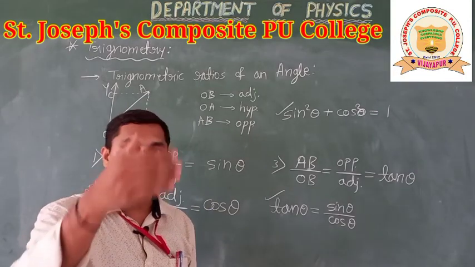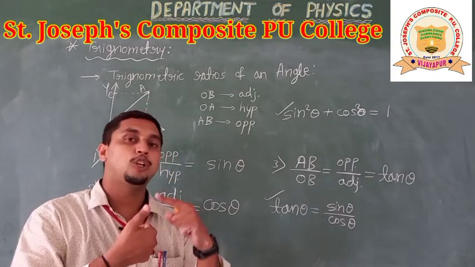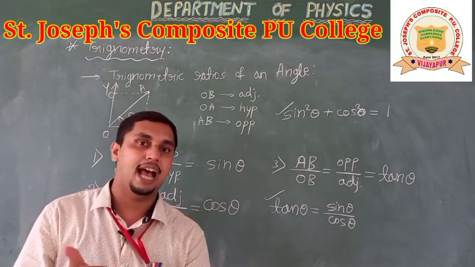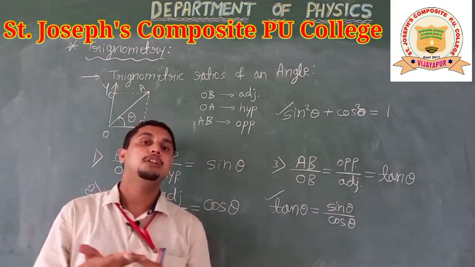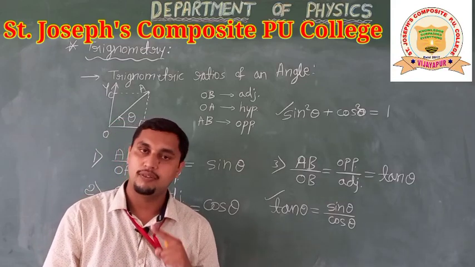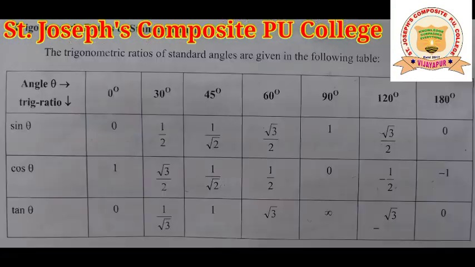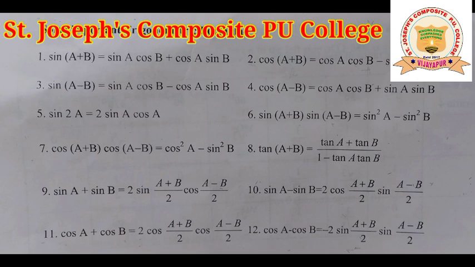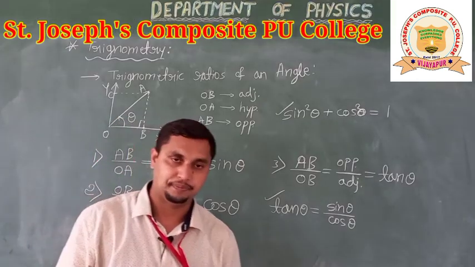Now yourself you have to make a note of the trigonometric ratios of standard angles, trigonometric ratios of allied angles, and also the important relations or formulas in trigonometry. I hope it's clear.